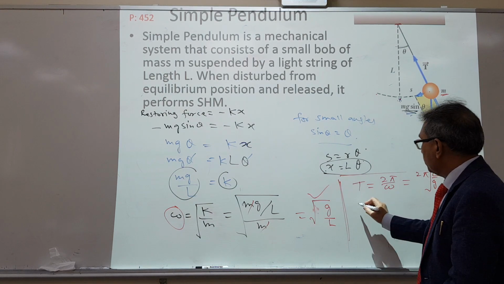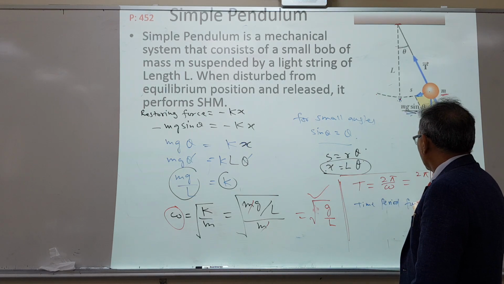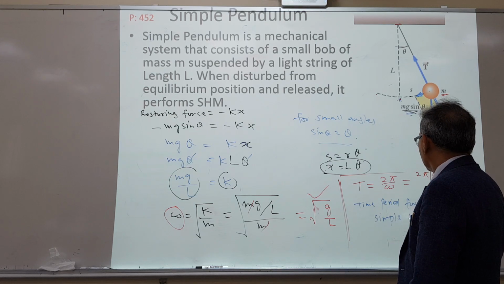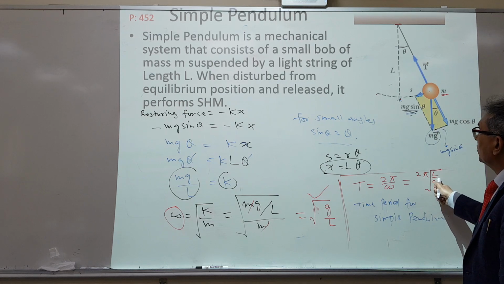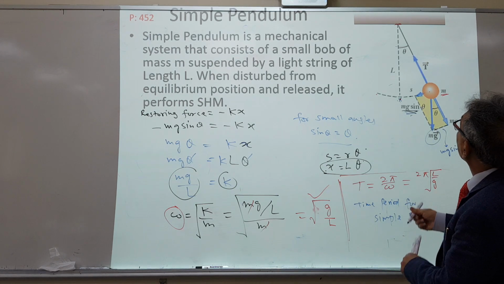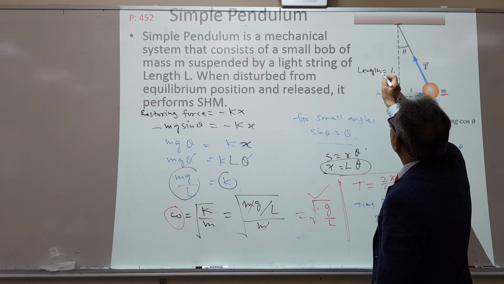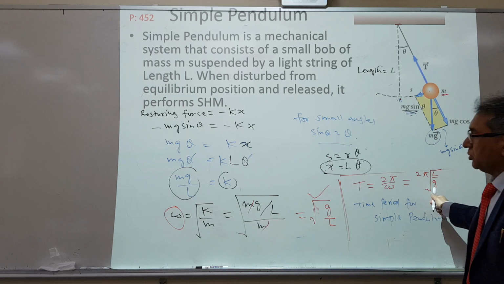So this is the time period for simple pendulum. L is the length of the pendulum, right? This is the length of the pendulum, okay? And g is the acceleration due to gravity.